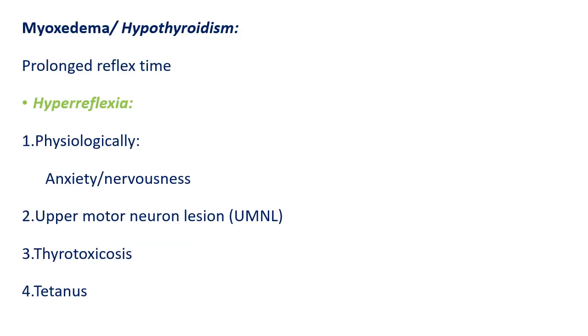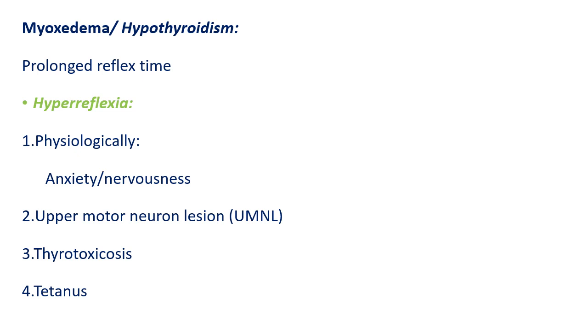In case of myxedema or hypothyroidism, we get a prolonged reflex time, as both the contraction and relaxation phases of the tendon reflex may be prolonged. Sometimes this is also called myotonic reflex in these cases. Similar findings can also be there in hypothermic patients.